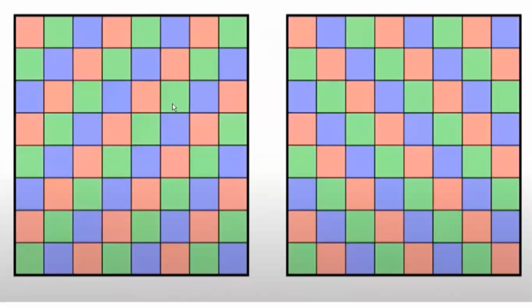So the number of green squares is the most in the left, and in the right, the number of red squares is the most. Is that fine?